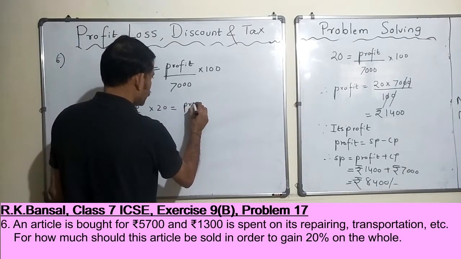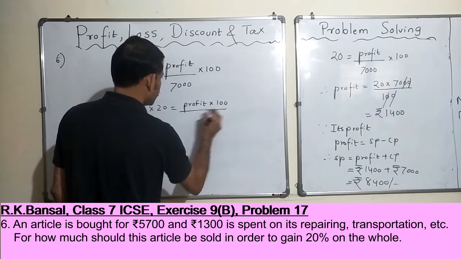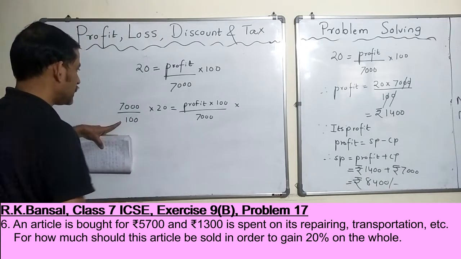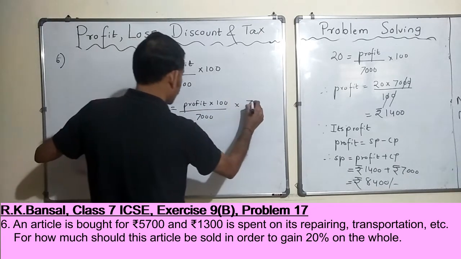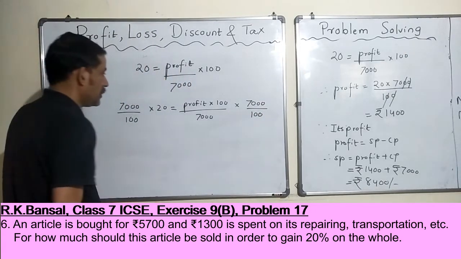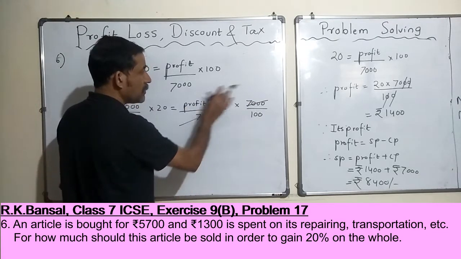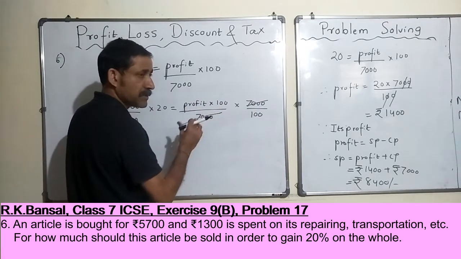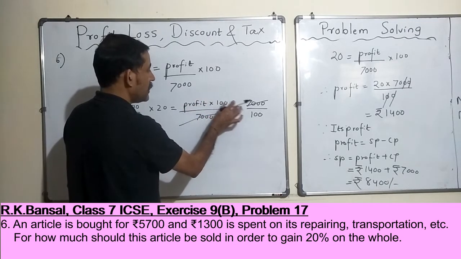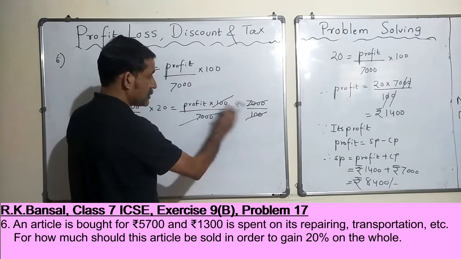So this is profit into 100 by 7,000 into, I multiplied on the left hand side by this, I will also multiply the same on the right. So this 7,000 gone and this 7,000 gone. Anything you multiply by 7,000 and divide by 7,000, it is the same number. Similarly, profit multiplied by 100 and divided by 100 will become same as profit. You can just cancel them out.